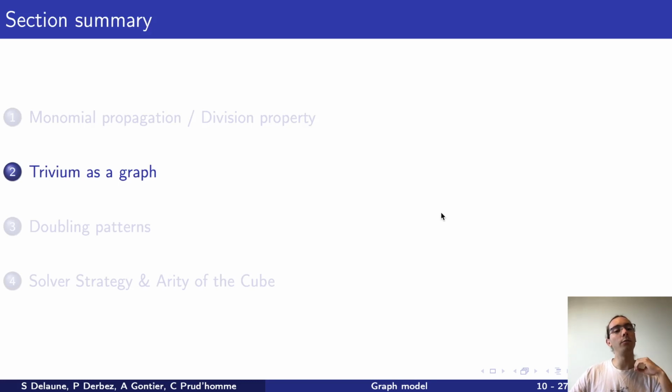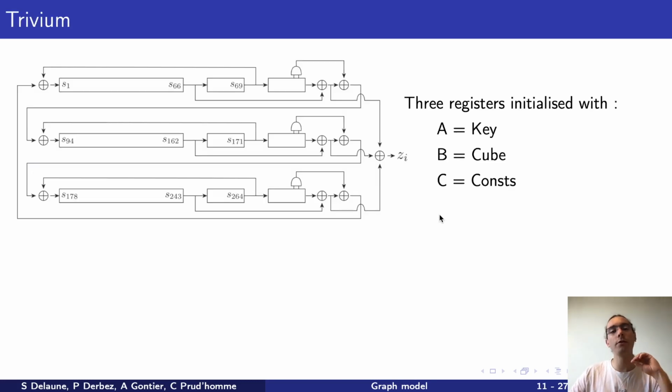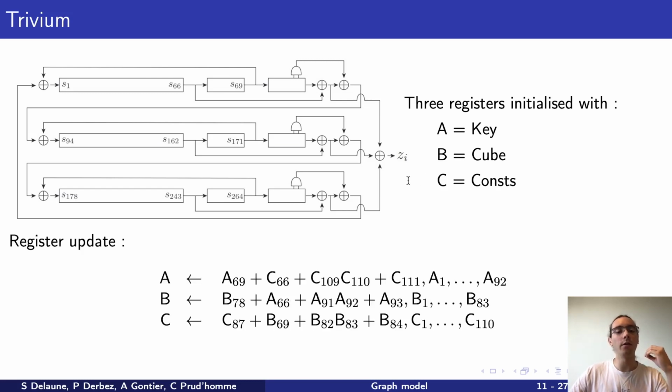Now I will present how to model Trivium as a graph. So Trivium is a stream cipher with 3 registers that I will call A, B, and C. The three registers are initialized with the key on register A, the cube on register B, and some constants on register C. Then the registers are updated with the following functions.